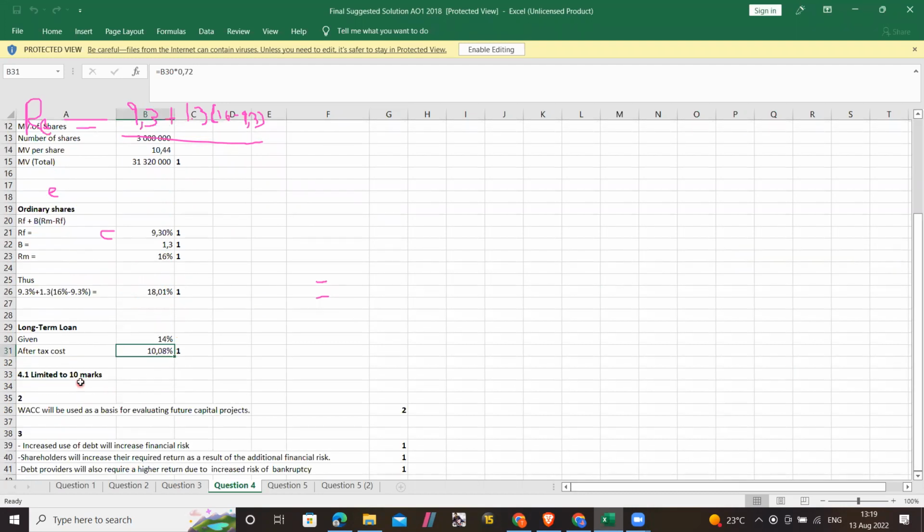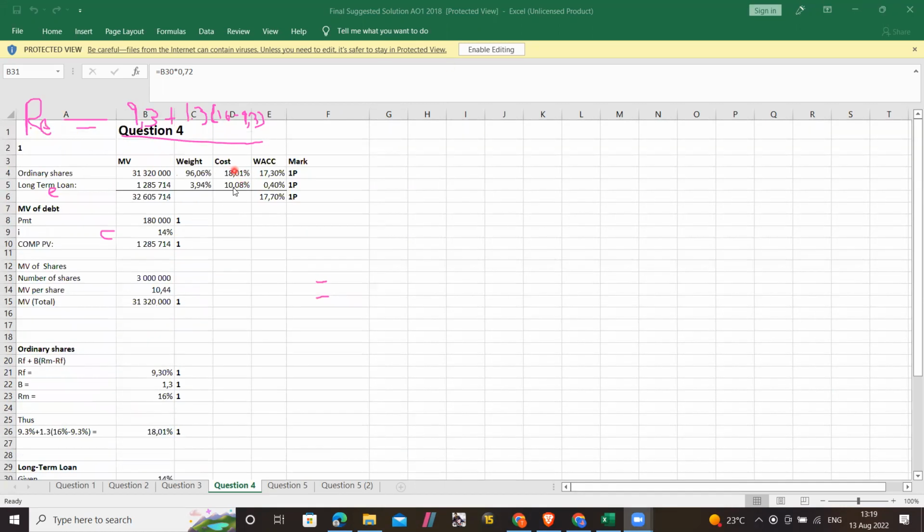Like I said, it's just the one that's given. Then you have to calculate the after-tax cost of debt, and after determining it, we go back here. That multiplied by that gives us this part, that multiplied by that gives us this part, and that plus that gives us the total WACC. So that's how you do that question.